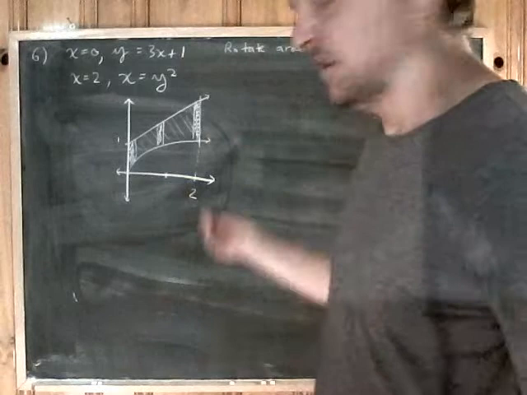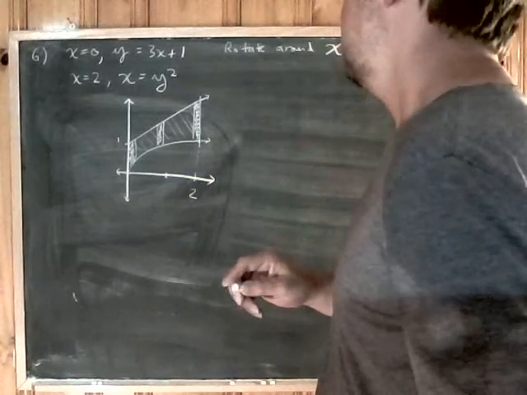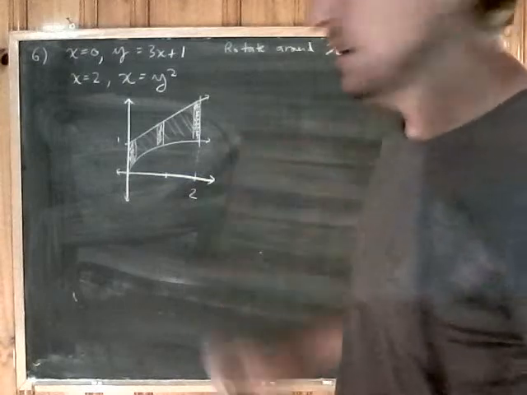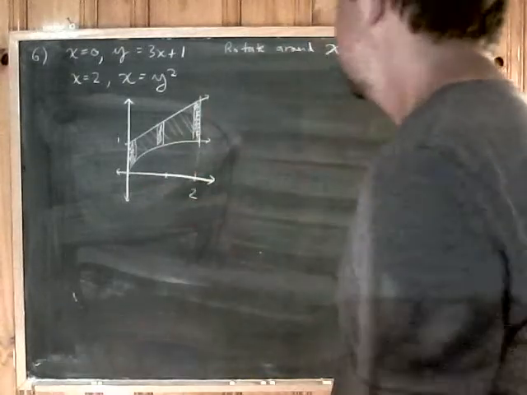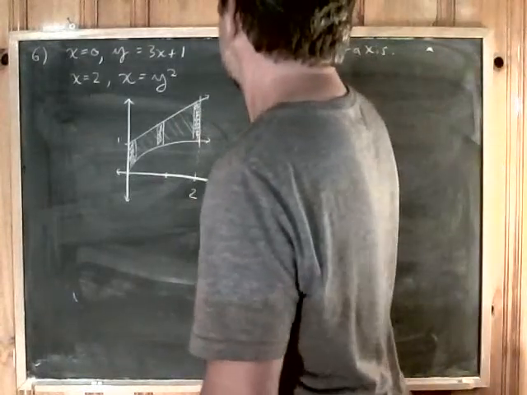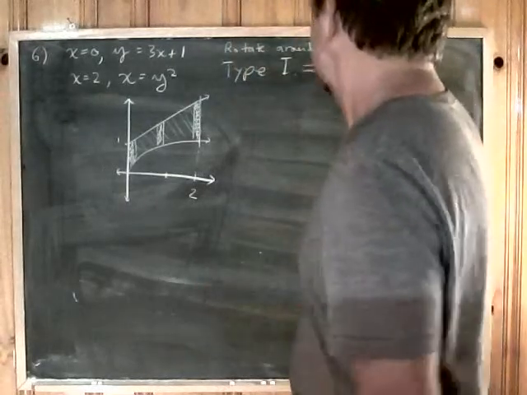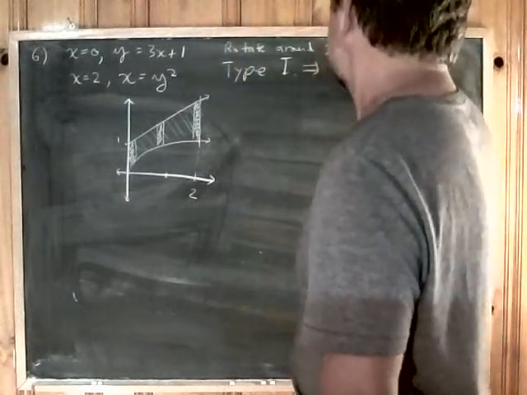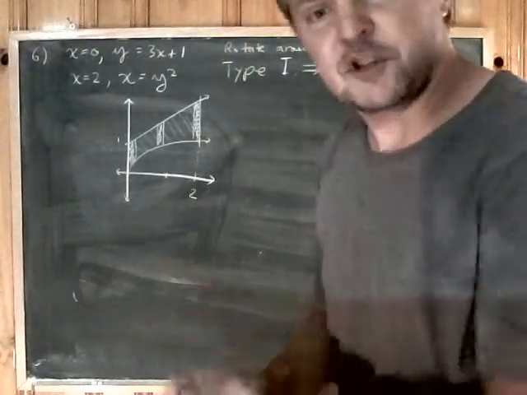Definitely all the horizontal slices have different left and right boundaries. We want vertical slices on this one, so type 1. That means we're going to use dx, x1, x2, and functions of x.